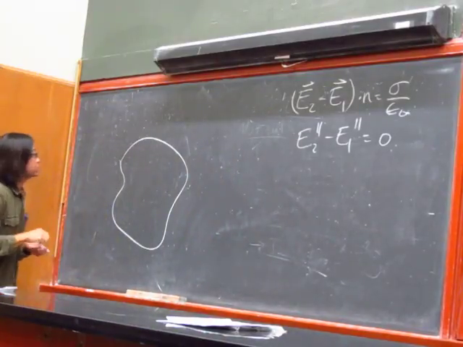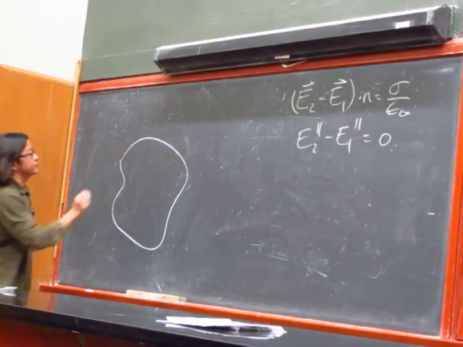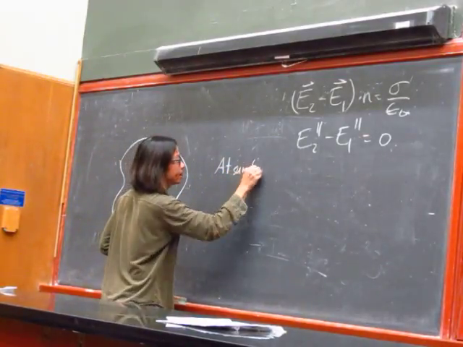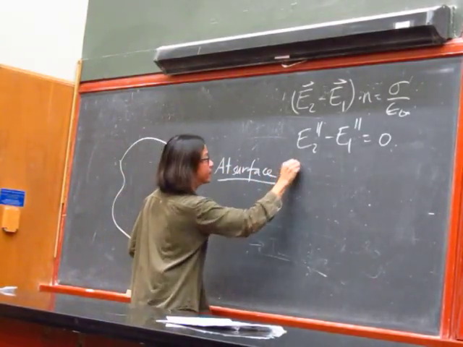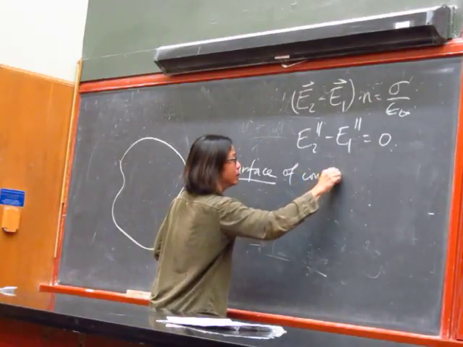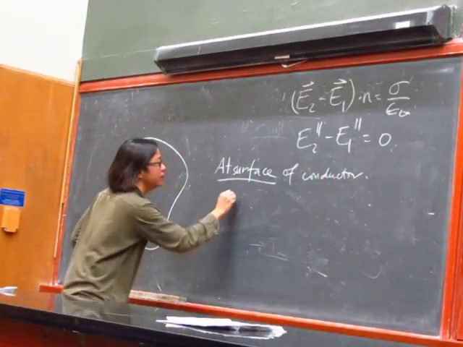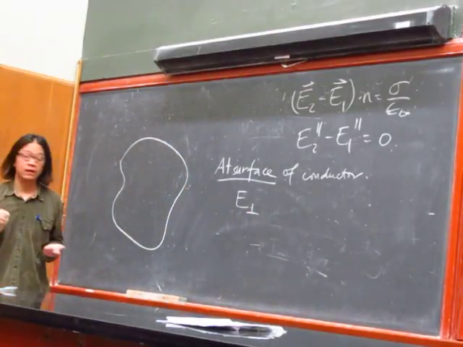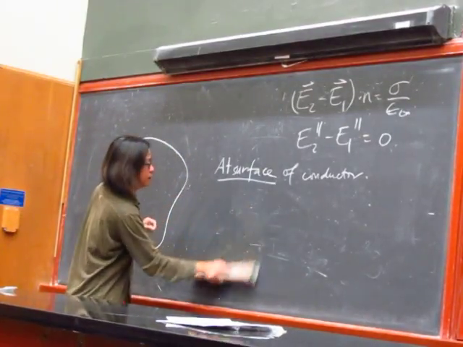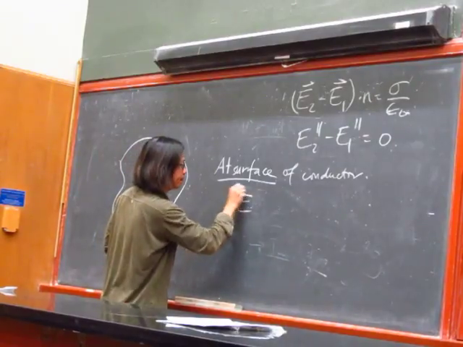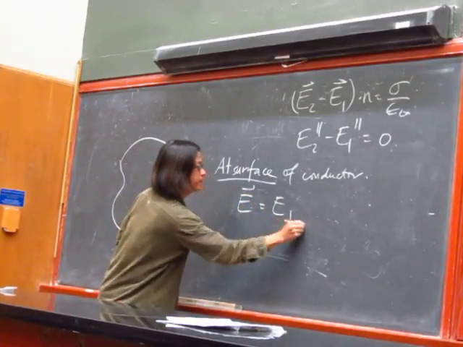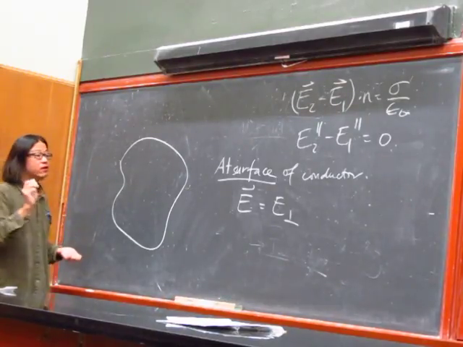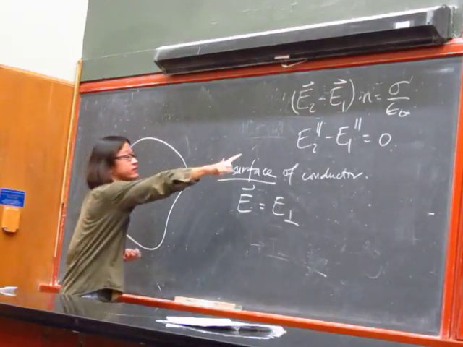So on the conductor at the surface, the electric field has to be normal, because you cannot have a parallel component of the electric field.